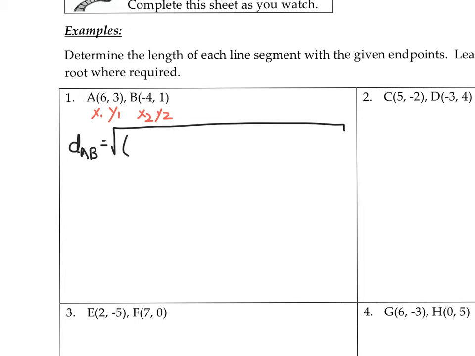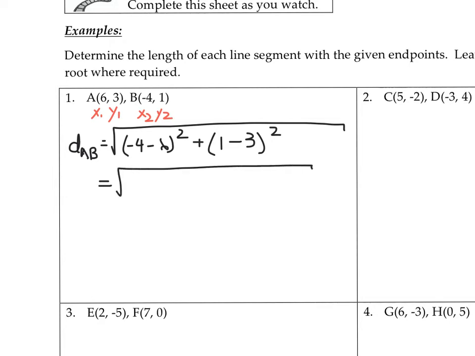So in my first bracket, I have x2 minus x1, and then I'm going to put that in brackets, and I'm going to square it, plus y2, which is 1, minus y1, which is 3, all to the power of 2. Now, you can take as many steps as you want here. I'm going to go the longest way, just for the first one.